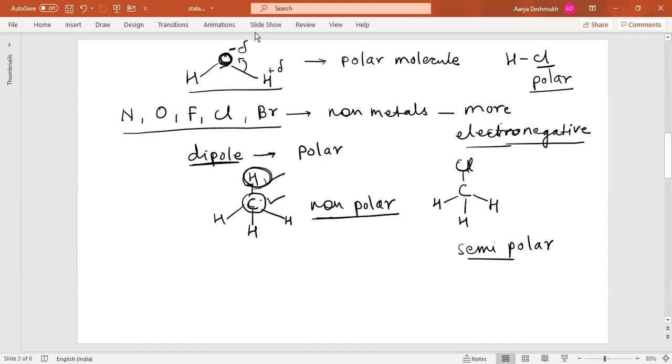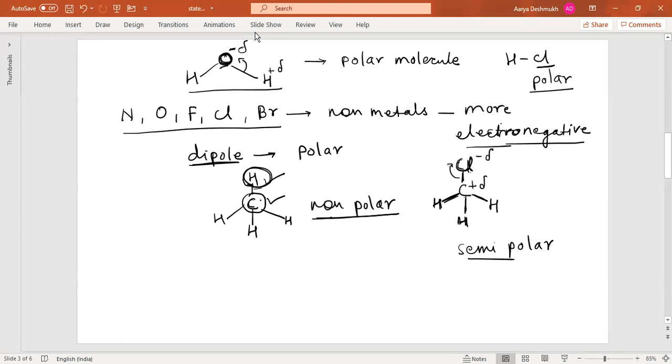So this chlorine is a more electronegative atom than all these hydrogen atoms. So the bond electron pair is somewhat shifted toward this chlorine, which produces a partial negative charge, and it gives some partial positive character on this carbon atom. But no such dipole is formed between carbon and hydrogen.